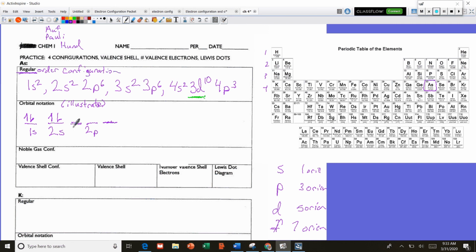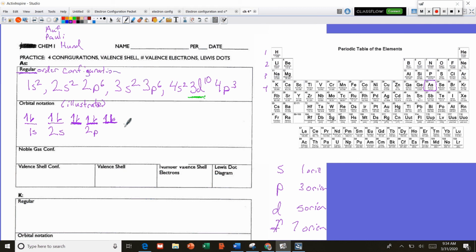So each block, each blank represents an orientation. This would be the X, the Y, the Z. And we have 6. So we have 1, 2, 3. And I'm filling them like that because of Hund. 1, 2, 3. So there's my 6 electrons there.